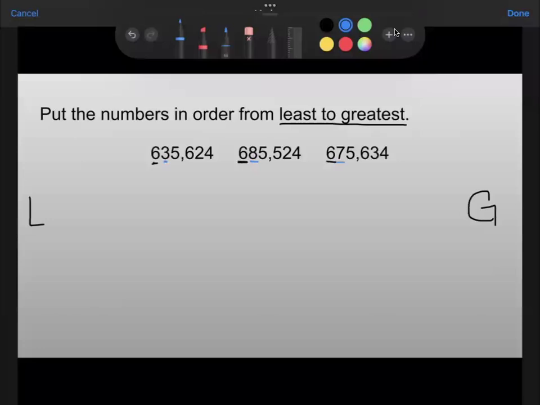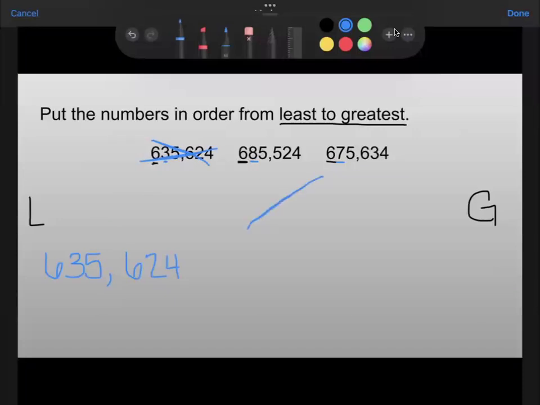Since the smallest of those three numbers, 3, 8, and 7, is 3, I know that this number is the least. So I'm going to go ahead and put that over here, 635,624, and cross that off. Okay, now comparing 8 to 7, 7 is smaller than 8.